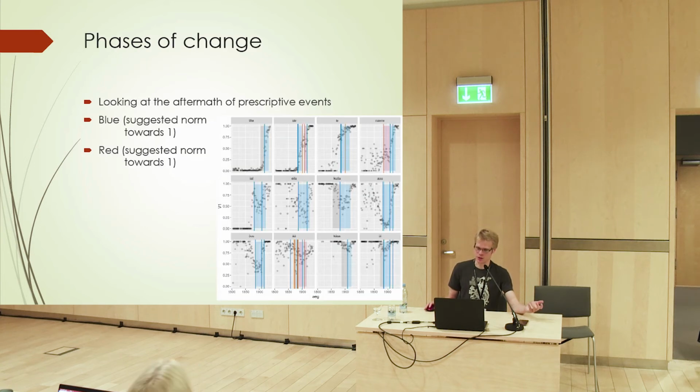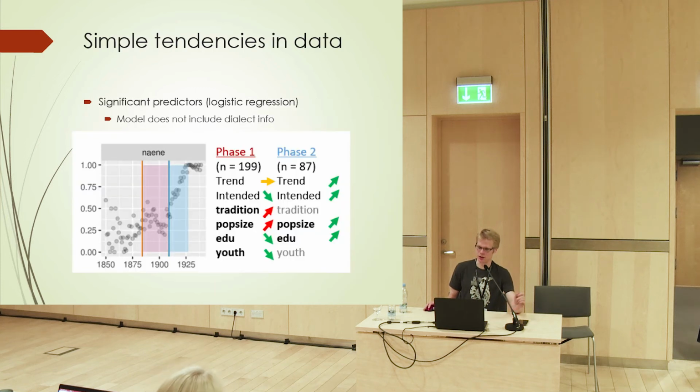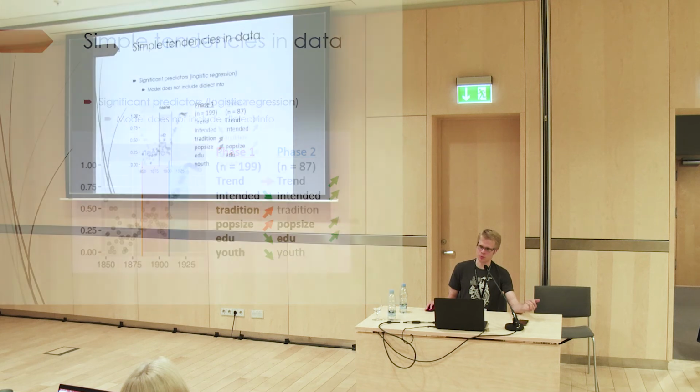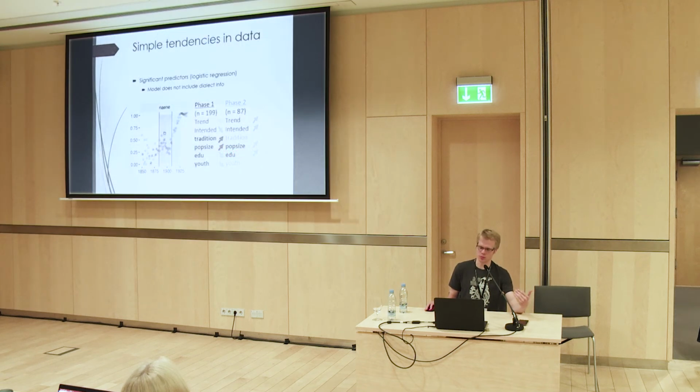And for this, I just took these time periods where there was interesting variation, and that happened after this language event. And then I just applied the logistic regression model there, which, well, if you take this red area, this would be phase 1, then it shows whether some subgroups were more likely to be at 0 or at 1.